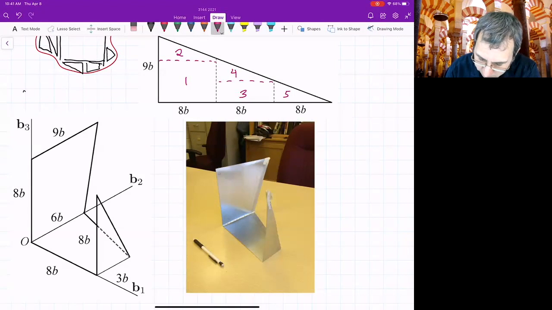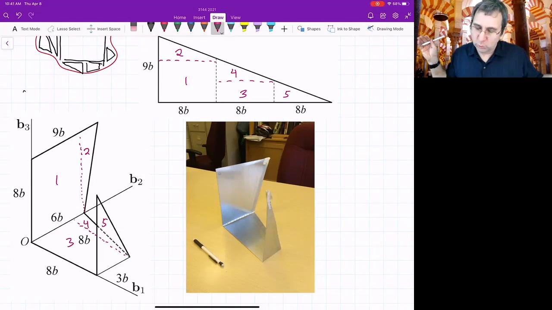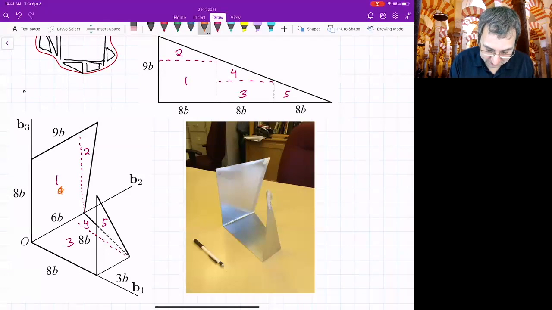And where are those correspondingly in 3-dimensional space? This is 1, this is 2, this is 3, this is 4, this is 5. Well, you know everything there is to know about triangles and rectangles. So you could calculate the center of mass of each, and then find the overall center of mass. The center of mass of this, oh, it's easy.